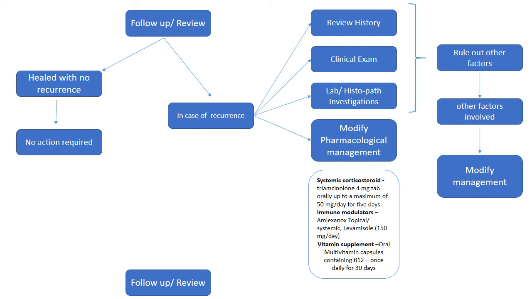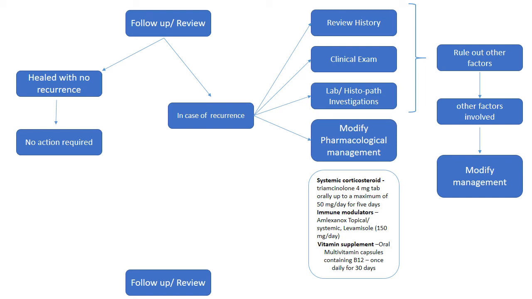And finally, we also modify the treatment, because the patient has already been successfully treated, and either it has gone back, or it is persistent, or it has recurred. Let us say with more severity, then you modify the pharmacological management a little bit.